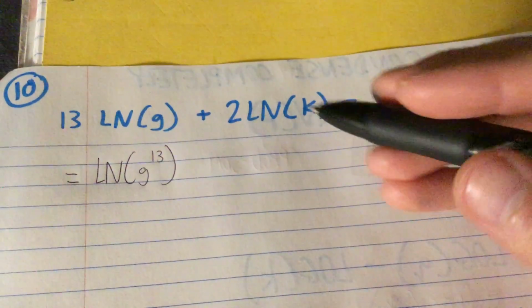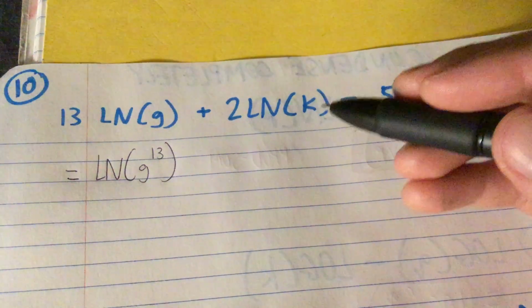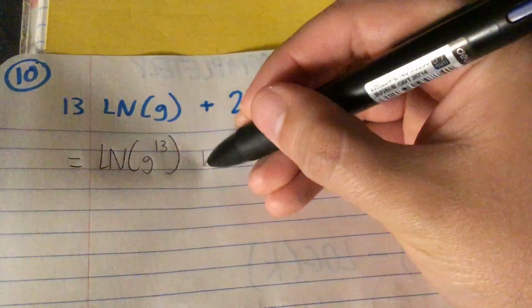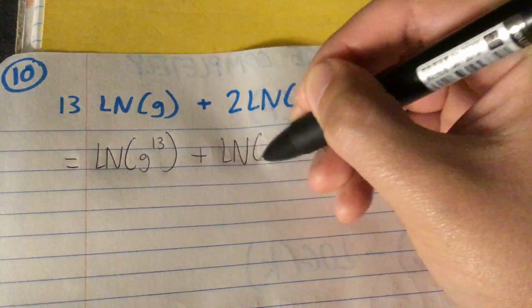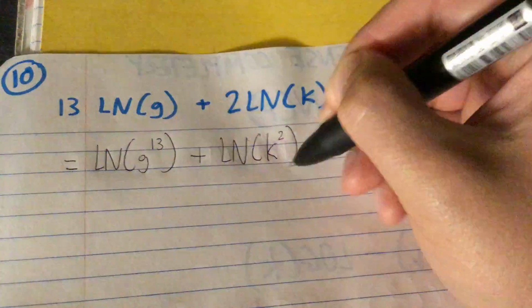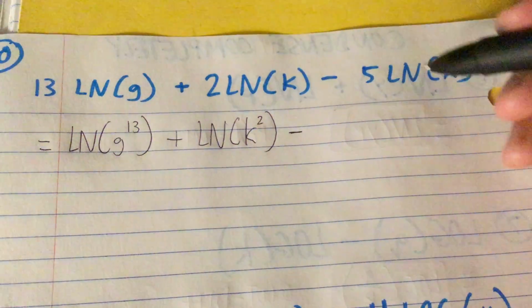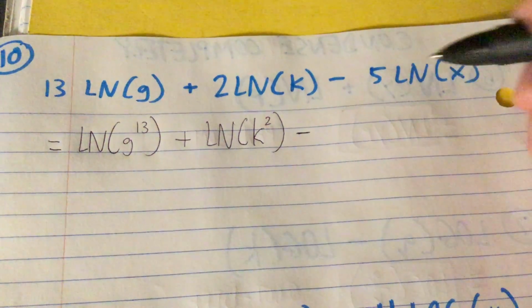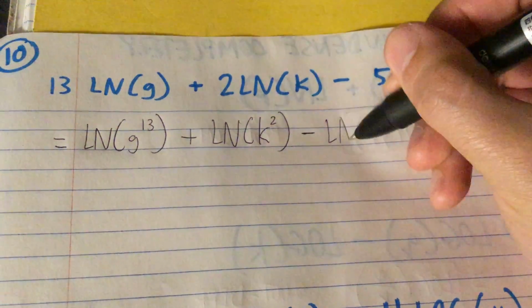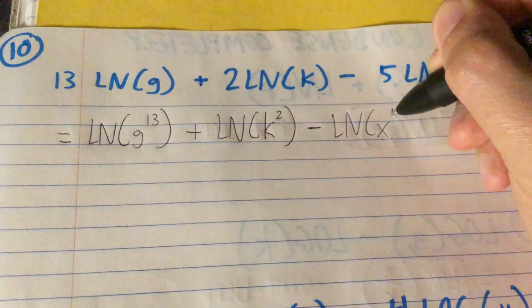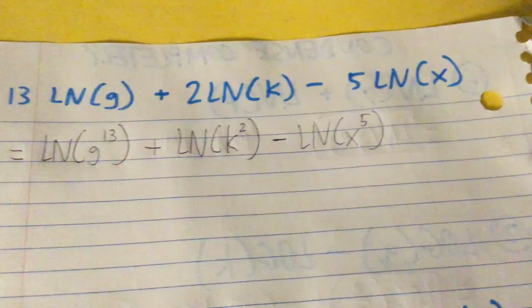That 2 factored out means that it's part of the natural log of k to the 2nd power. All right, and then minus that 5 out in front means it's originally minus the natural log of x to the 5th power.